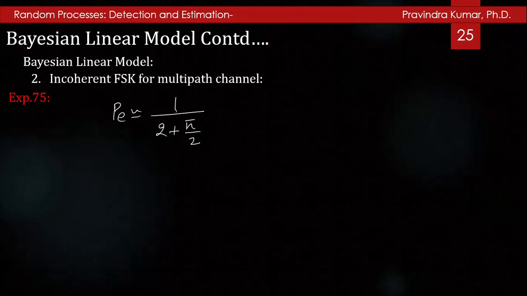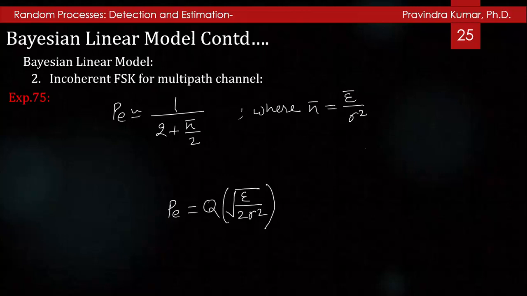So the probability of error will be approximately equal to 1 by (2 plus eta bar by 2), where eta bar is epsilon bar by sigma square. So the probability of error will be the Q function of the square root of epsilon by 2 sigma square.